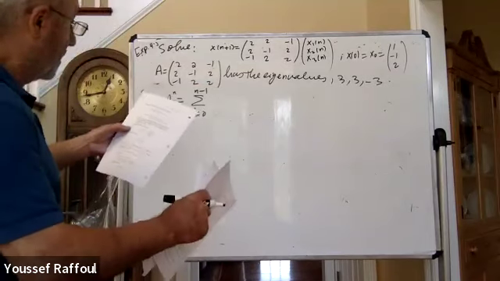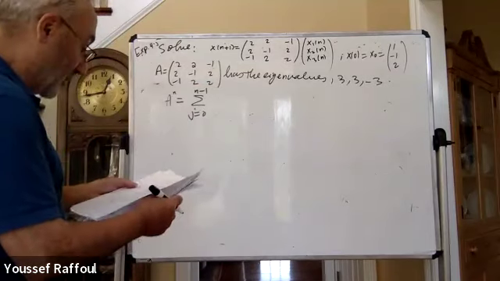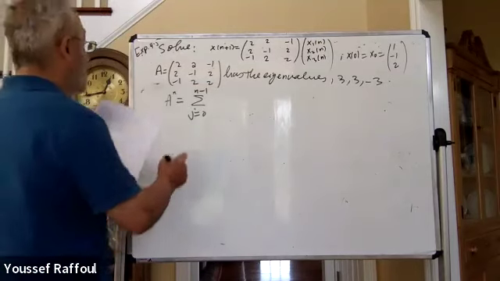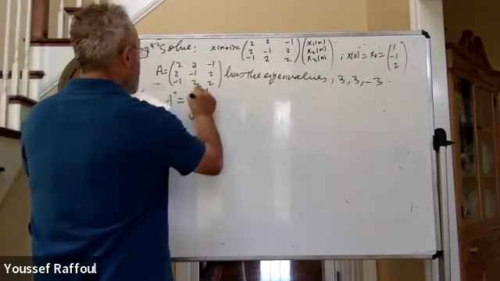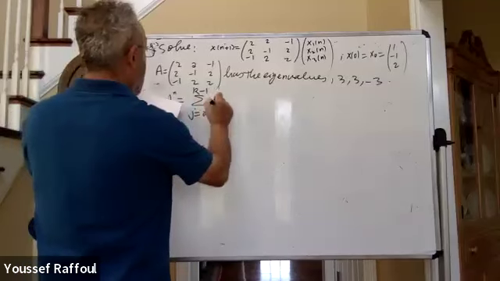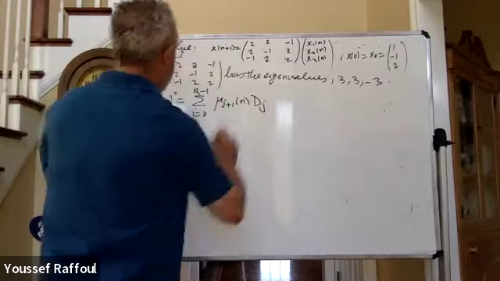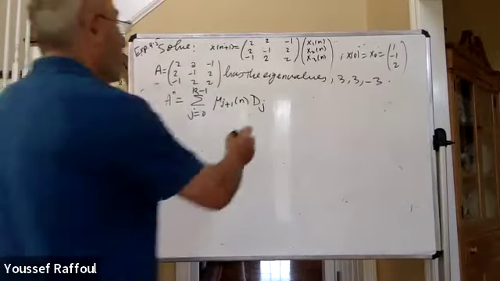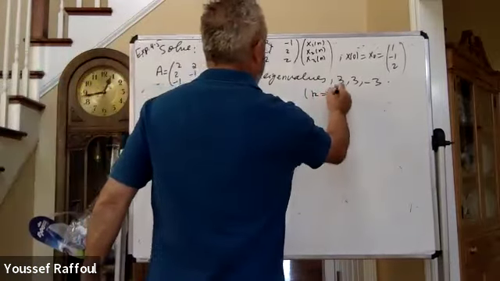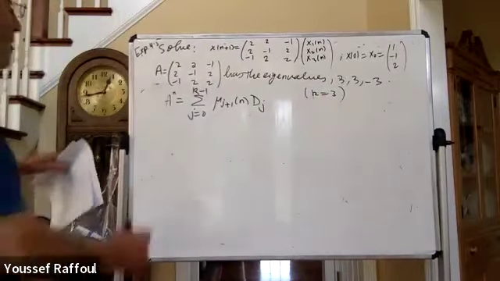The theorem says A^n equals the sum from j equals 0 to k minus 1 of mu_{j+1}(n) D_j. Now k is 3, the size of the matrix.